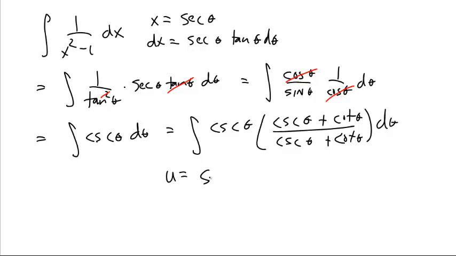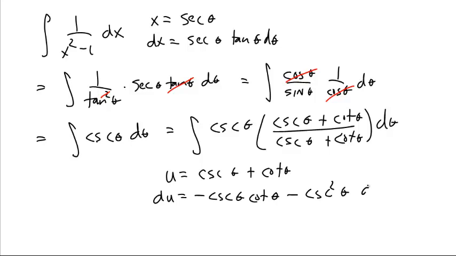If u is the cosecant of theta plus the cotangent of theta, du, the cosecants are just the same but negative, right? The derivative of cosecant is negative cosecant theta cotangent theta, and the derivative of cotangent is negative cosecant squared of theta, the whole thing d theta, and that is the negative of the top.